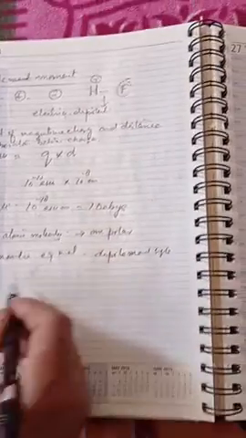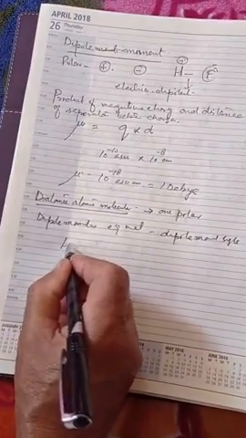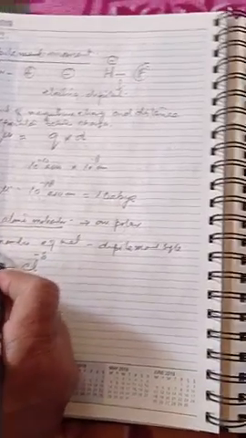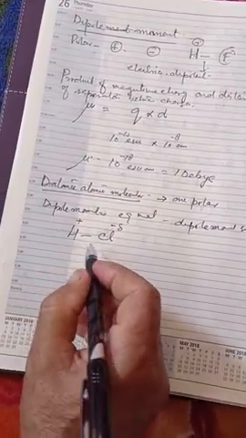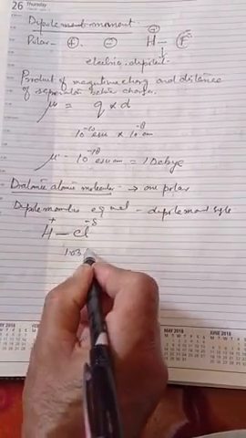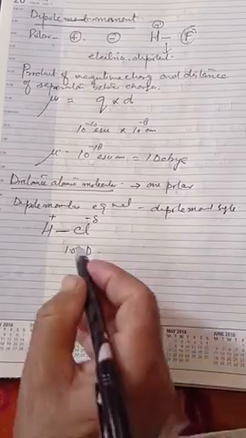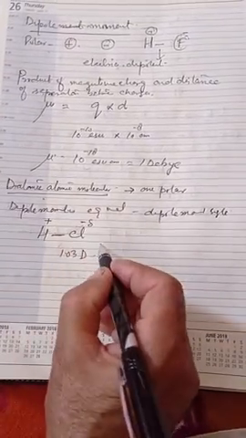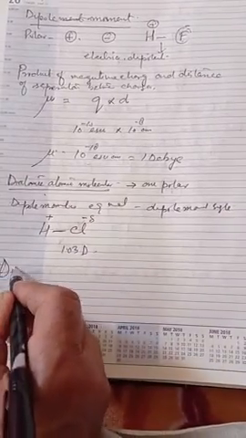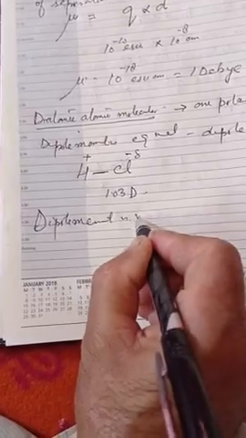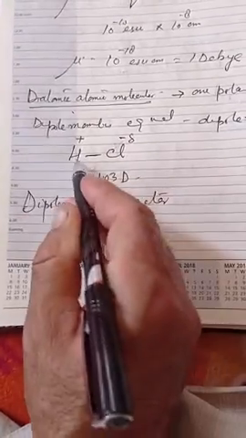For example, take HCl. Chlorine is the negative end and hydrogen is the positive end. So the dipole moment is the dipole moment of the single bond, that is 1.03 Debye. And we must know that dipole moment is a vector quantity. It has both magnitude as well as direction.